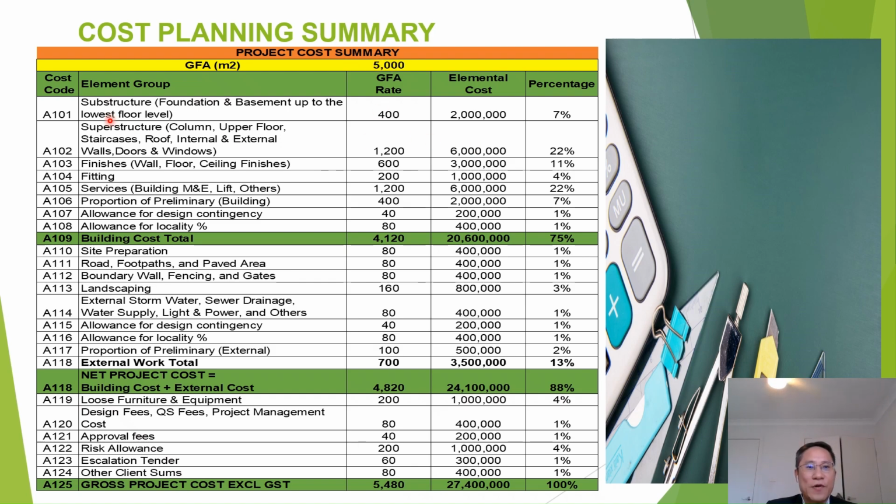For example, for substructure, the total elemental cost for the substructure is 2 million. After dividing by 5,000 gross floor area, we will have the gross floor area rate for this elemental substructure of $400 per square meter, and the percentage of this elemental cost substructure is 7%.